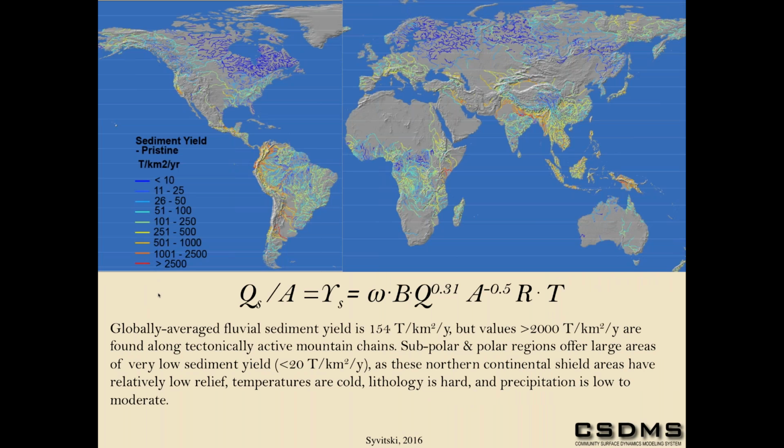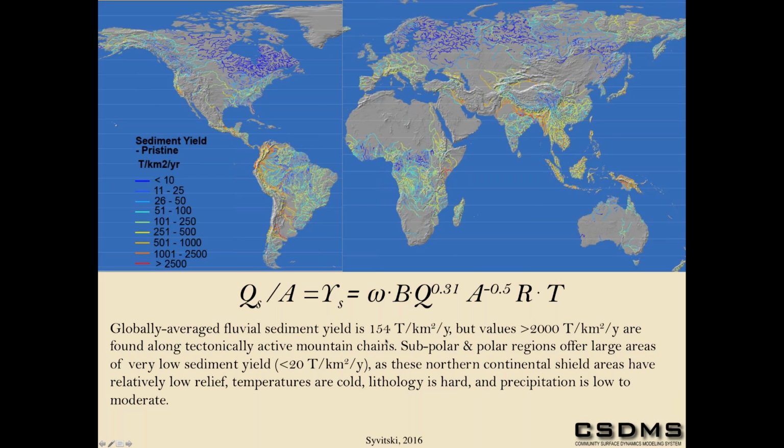If you're looking at sediment yield, it shouldn't surprise you, because of the influence of temperature, that warm temperatures produce a lot more sediment than cold temperatures. If you look in the colder environments, like the Canadian North, the European North, even Siberia, you're going to have your lowest fluxes. Some of these fluxes are really low, like less than 20 tons per square kilometer per year.